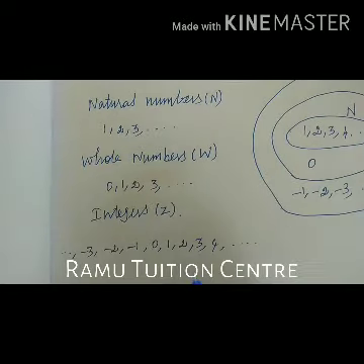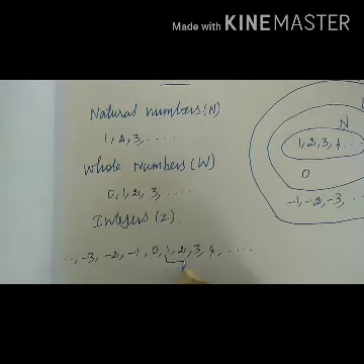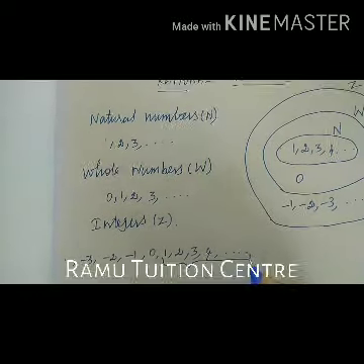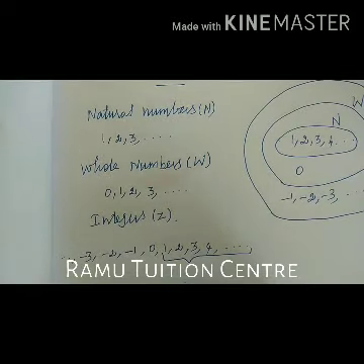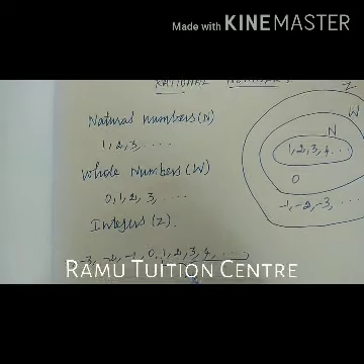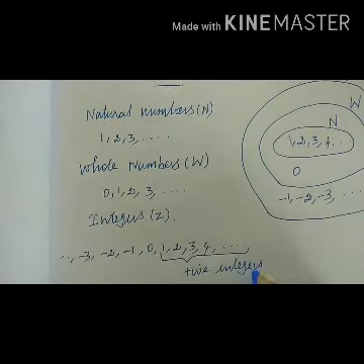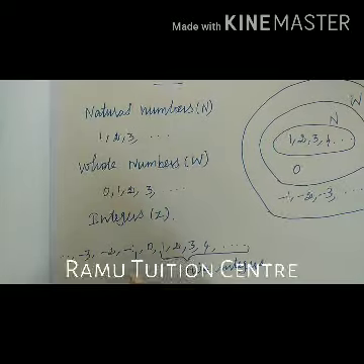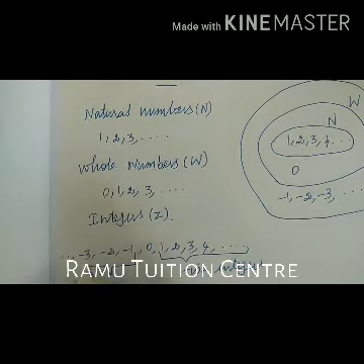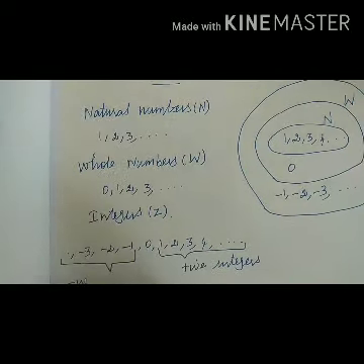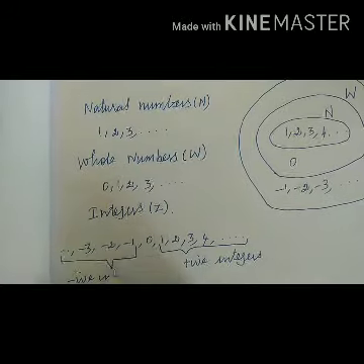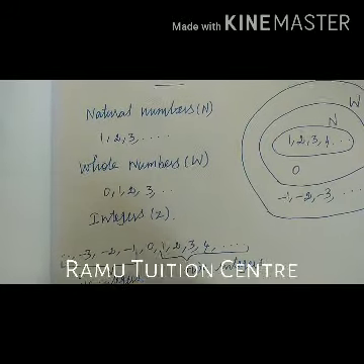Okay, so integers. Moving to the right side are the positive integers. And moving to the left-hand side are the negative integers.